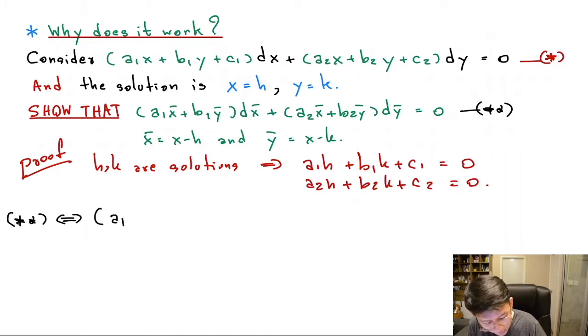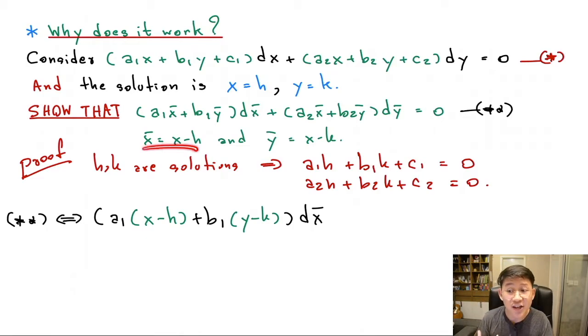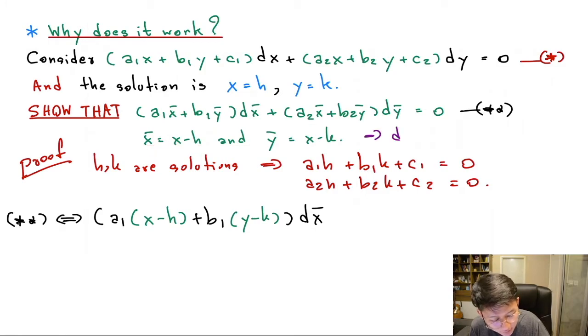a1 x bar, right? But x bar is x minus h, plus b1 y minus k, dx bar. Because x bar is x minus h, and h and k are constants, it means that dx bar is actually dx.